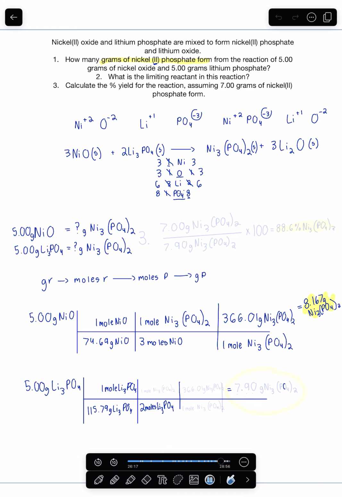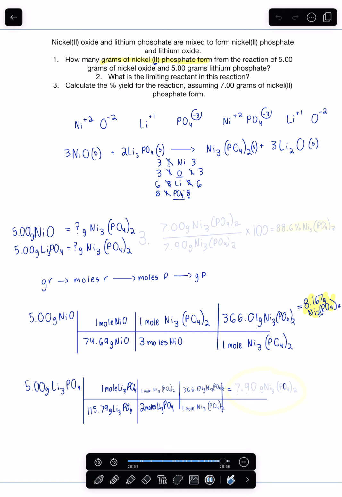So I'm going to go ahead and copy and paste this down here. And then same as above, we're going to use the molar mass of nickel phosphate to cancel this out. So I will go ahead and calculate this really quick.